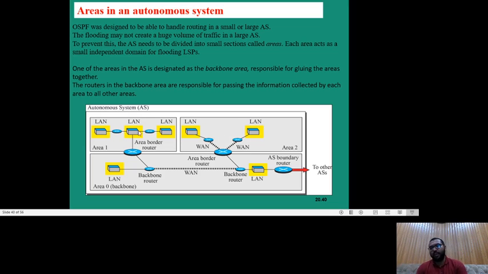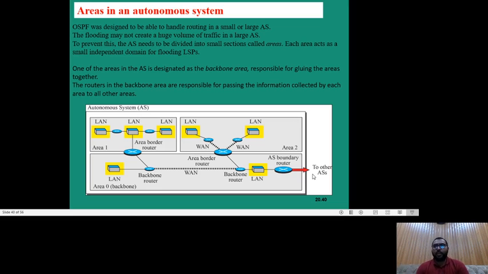Let's assume that we have an autonomous system here, which is further divided into three areas. To connect these areas with each other, we will need a router which will be called an area border router. Similarly, to connect this autonomous system with other autonomous systems, we will need a router.